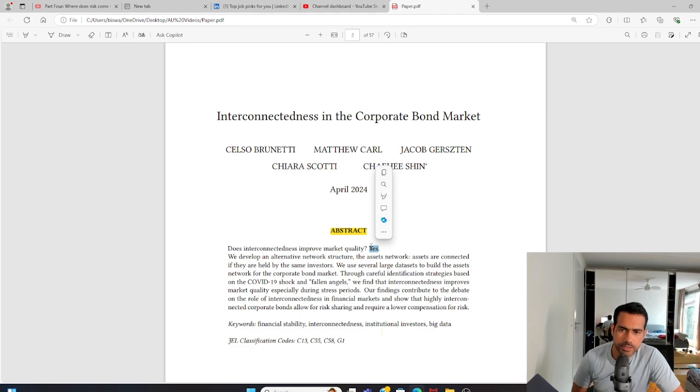Normally, people consider interconnectedness in the world of finance to be not so good for the market, right? We have seen that in the financial crisis of 2008, that because of the interconnectedness in the banking world, we saw a shock, and we saw a global impact of problems stemming from just a few banks in the US.